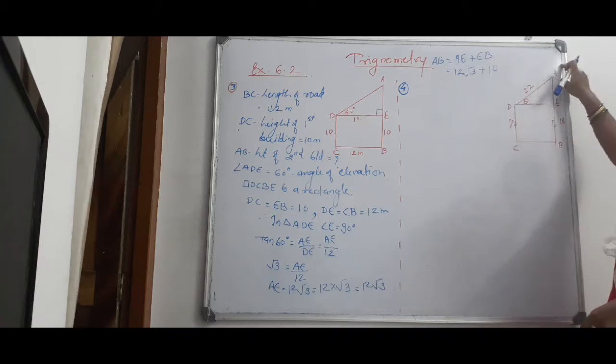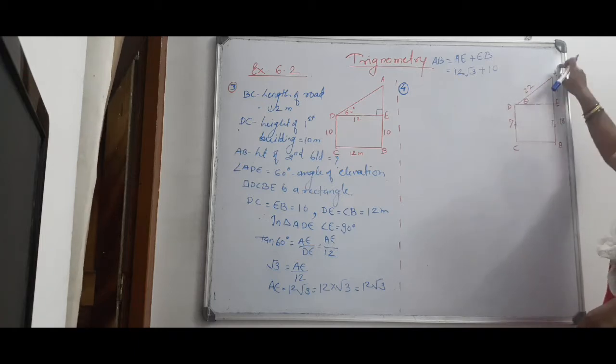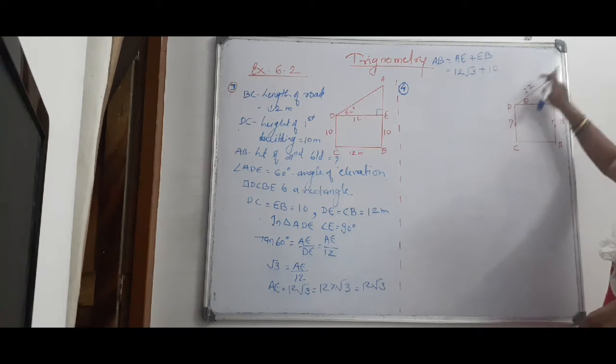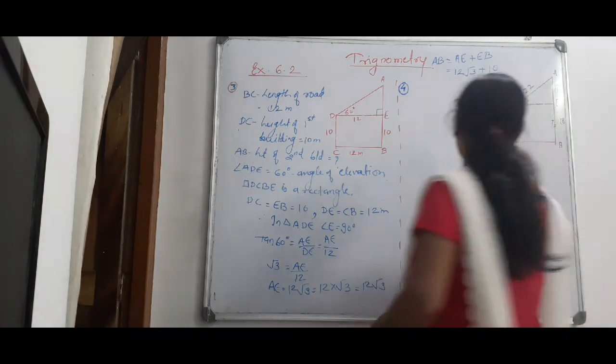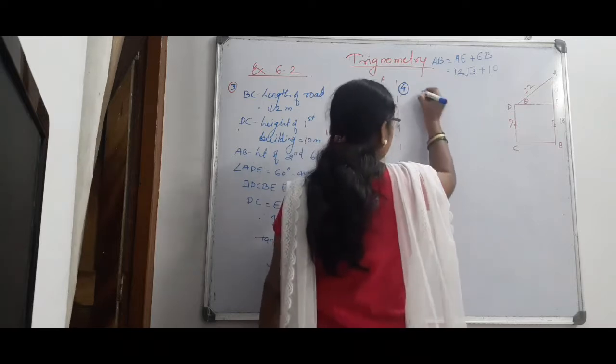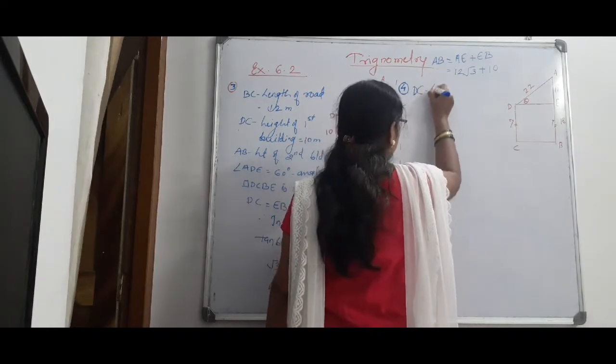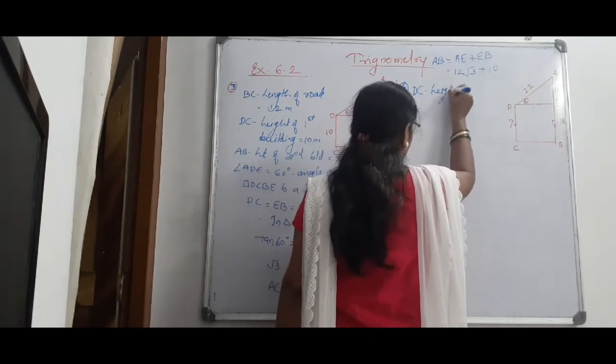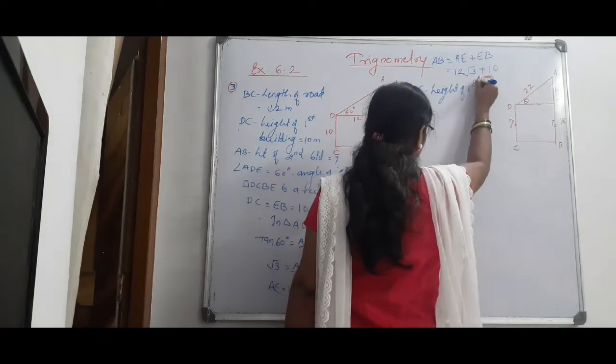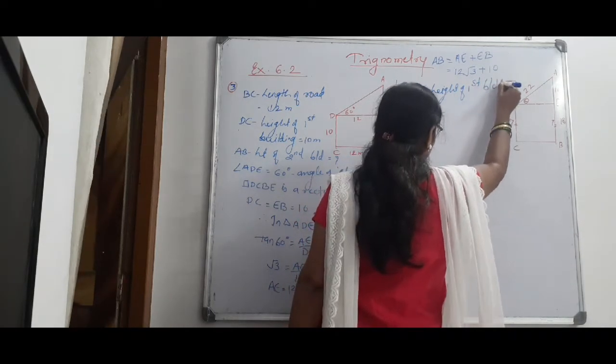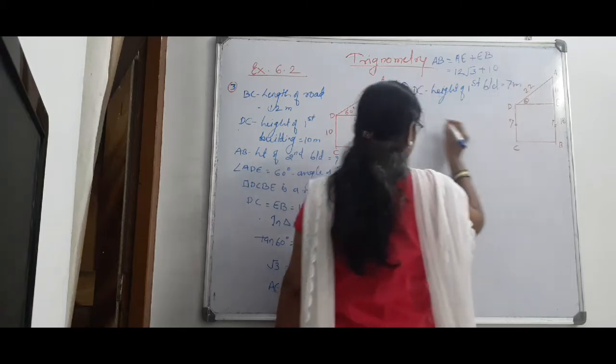A wire is straightened from A to D. Here a wire is tied from A to D. Now see here, what is given that you have to write down first. Now BC, height of first building, that is 7 meter.